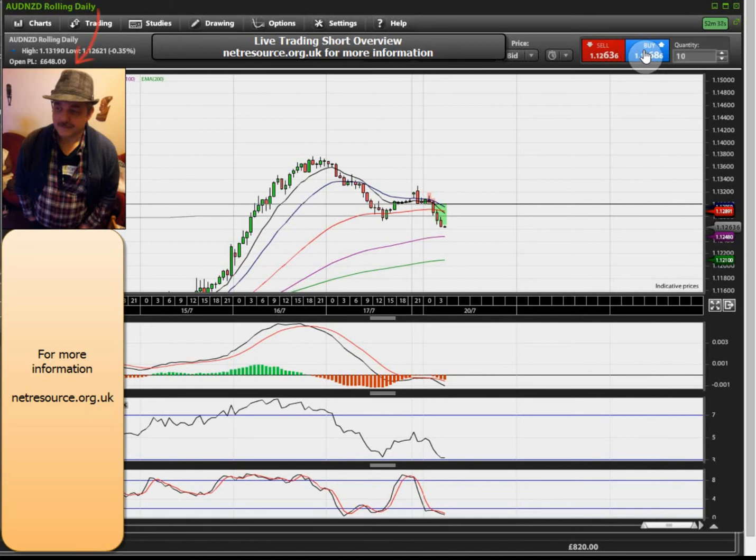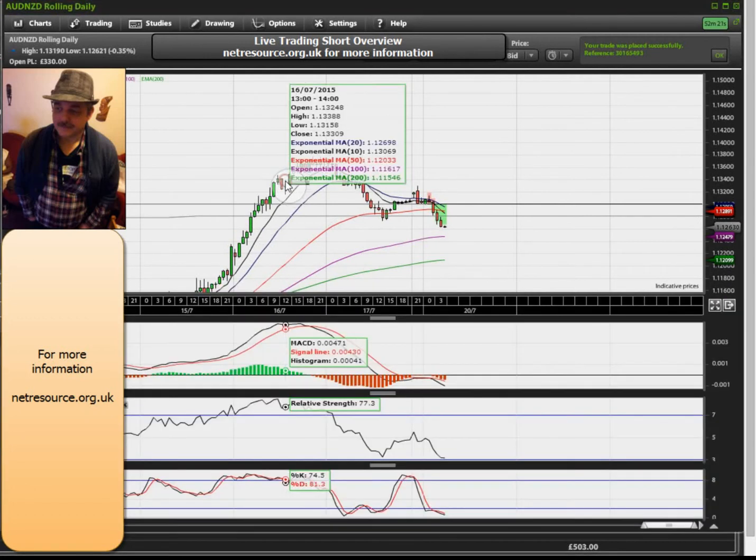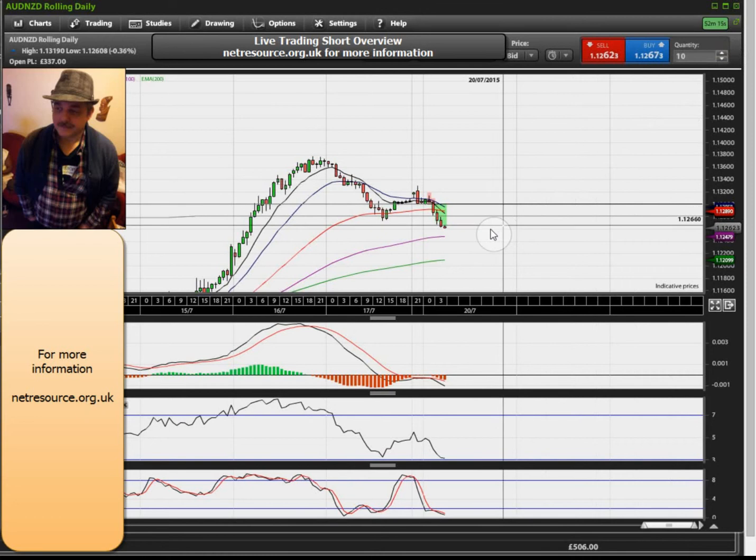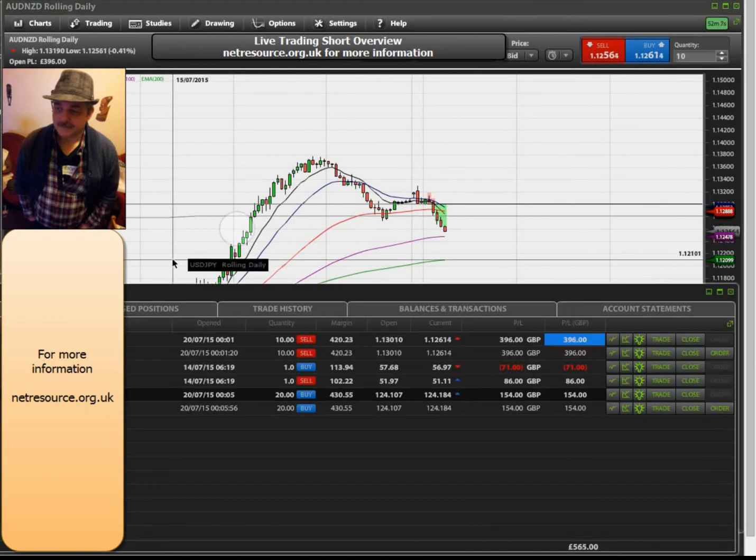So that's about 324 as soon as I press the button, and there you go, down to £330 profit now, but I've actually banked 300 plus pounds there, and my trade is continuing. So I've simply taken off half my trade there, and I'm probably going to wait for that to double again before I take off some more.